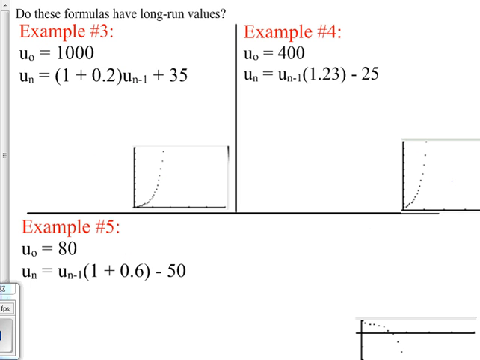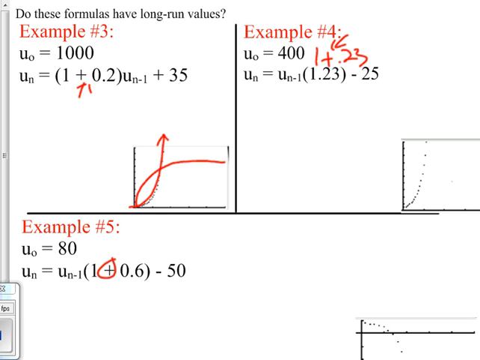So if we look at some of the ones we've been doing in the past couple of days, we can see that these all have pluses here. This would be 1 plus 0.23, so that's got the plus there. It's got the plus here. So all these things are growing, and as you can see by the graph here, it just keeps growing. It's not approaching a value like if you were to do something like that.